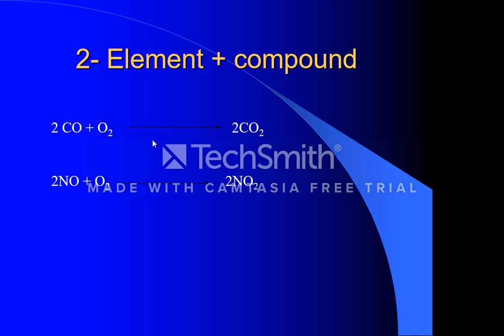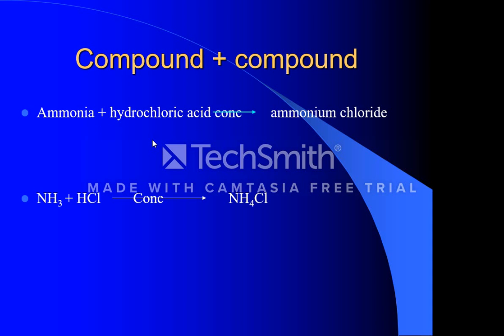Okay, the last type of these reactions, ammonia plus hydrochloric acid. Ammonia, we talked about it before, as a gas is NH3 plus hydrochloric acid HCl, and the condition for the acid is concentrated, okay, not diluted. So we have here concentrated hydrochloric acid.